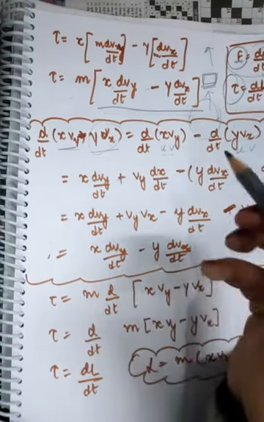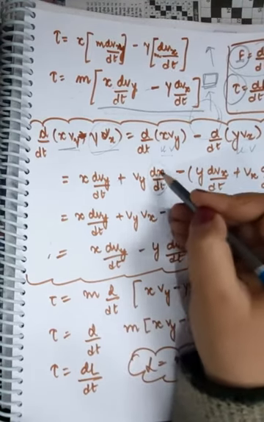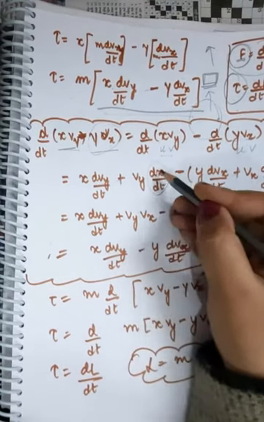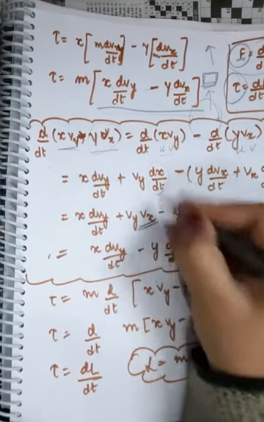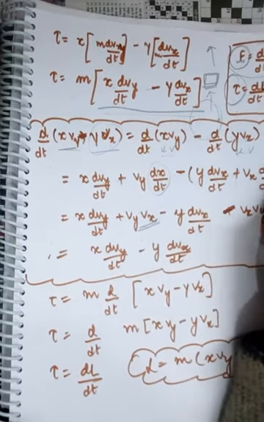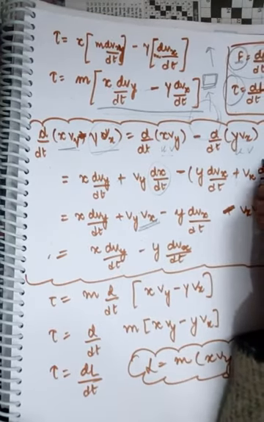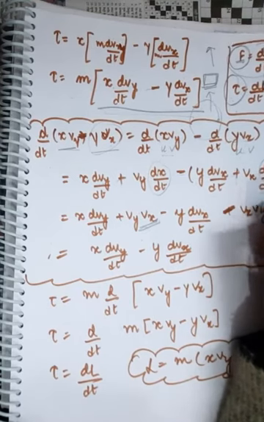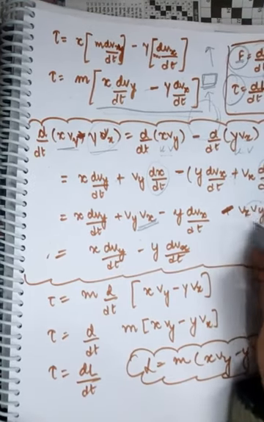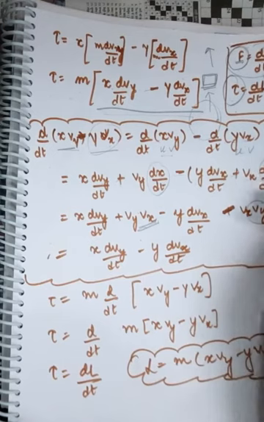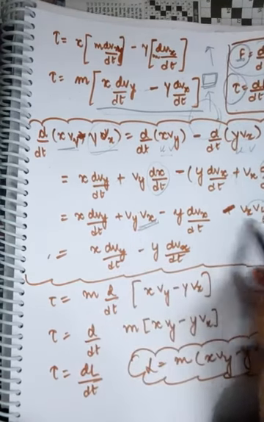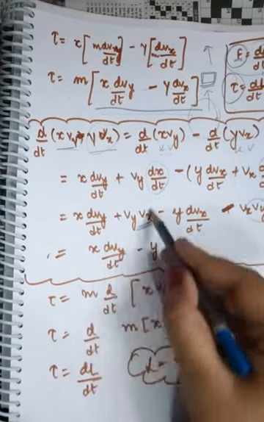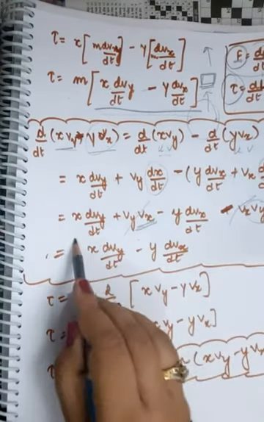After that, you get dx/dt, the derivative of the x coordinate with respect to time, which will be velocity vx. Same way, dy/dt is the derivative of the y coordinate with respect to time, which will be vy. Velocity is displacement per unit time only. So the vx vy terms, plus and minus, cancel each other. You get this.